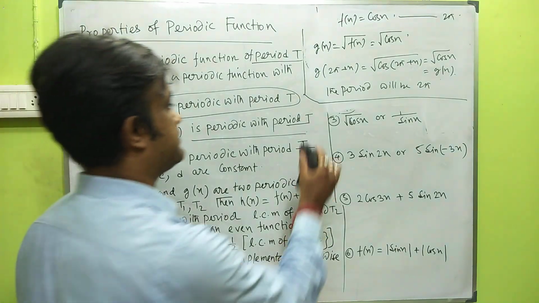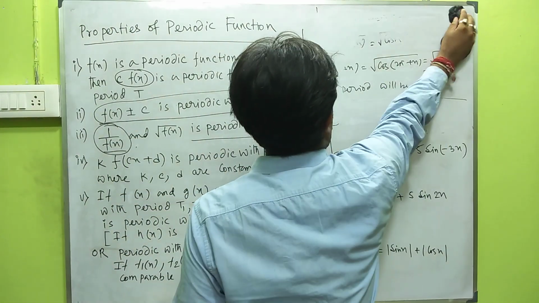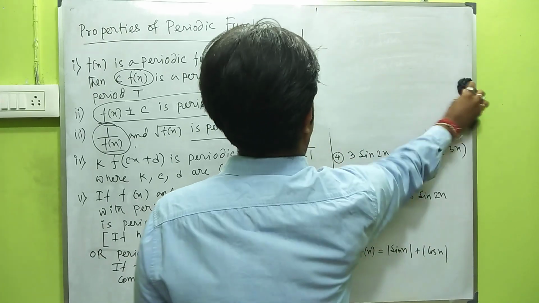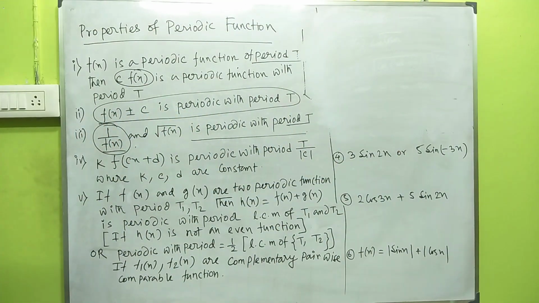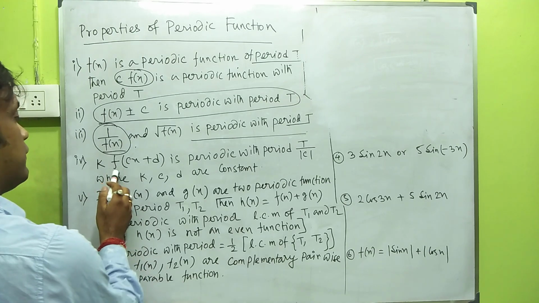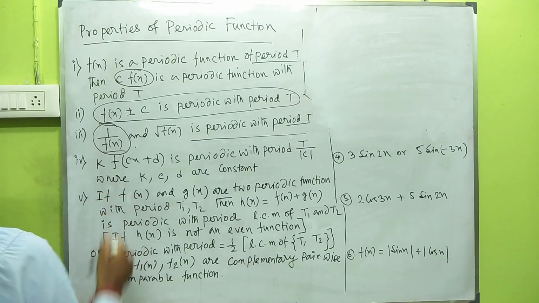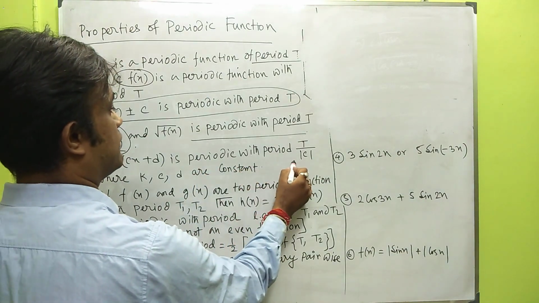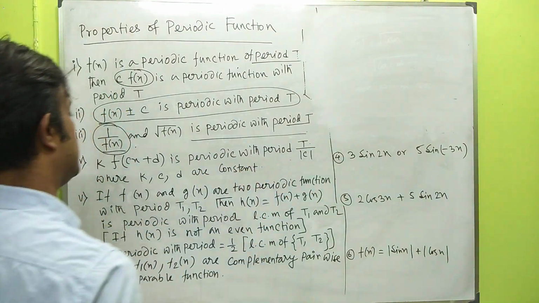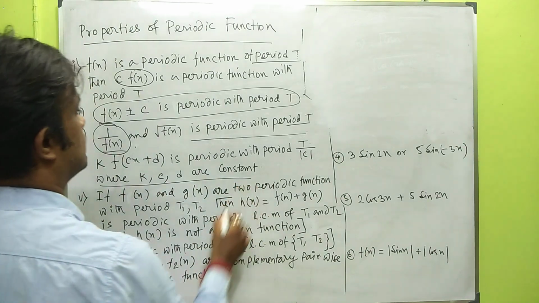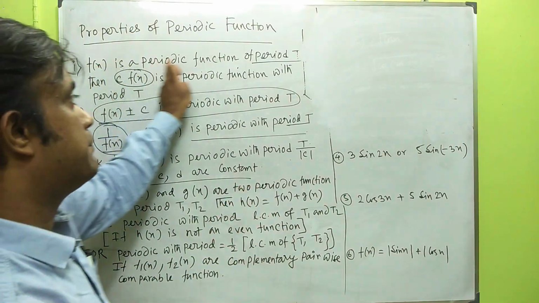Now this is very important. K into f of cx plus d is also a periodic function of period t by mod c, where k, c, d are constants, if the function has period t.